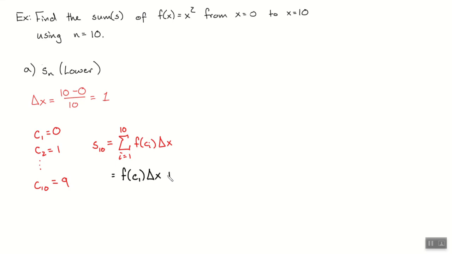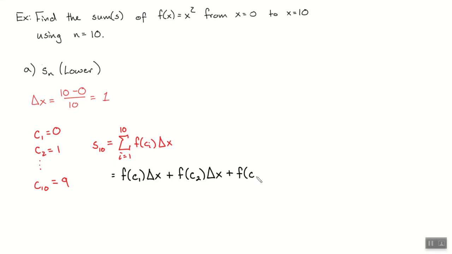And then our index just starts jumping. And what's nice about this index i down here is it doesn't jump wonkily. That just jumps by the natural numbers. If I'm at 1 on the first one, where might I be on the second one? So this would be f of c sub 2 times what again? Because that's the height of that second rectangle. Delta x plus f of, we'll do one more here, and then we'll do some lovely ellipses. What's the next height?